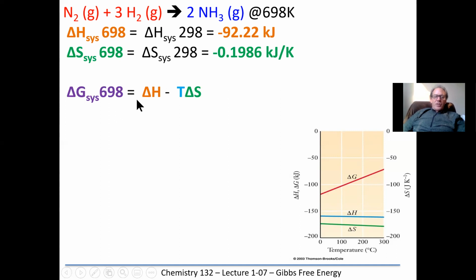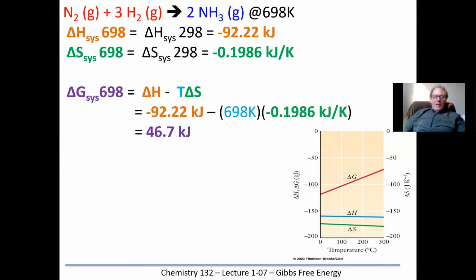So delta G of the system at 698 is delta H minus T delta S. This makes it nice and convenient: we plug in the temperature value at 698, and we get a value of 46.7 kilojoules. So we can see at 698, this reaction isn't spontaneous.